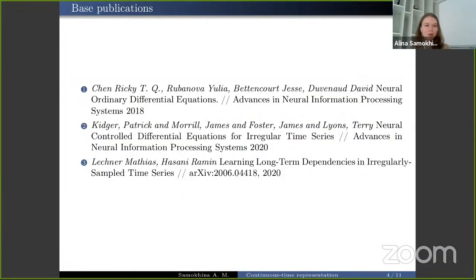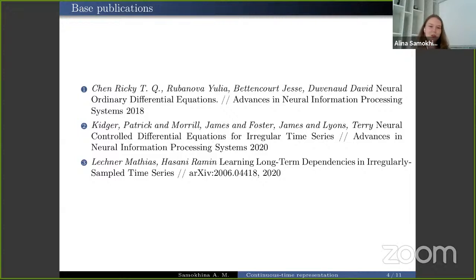We based our work on 3 main papers. The first paper is the origin of neural ordinary differential equations, where the authors introduce a concept of working with neural networks as with the solution of an ordinary differential equation.